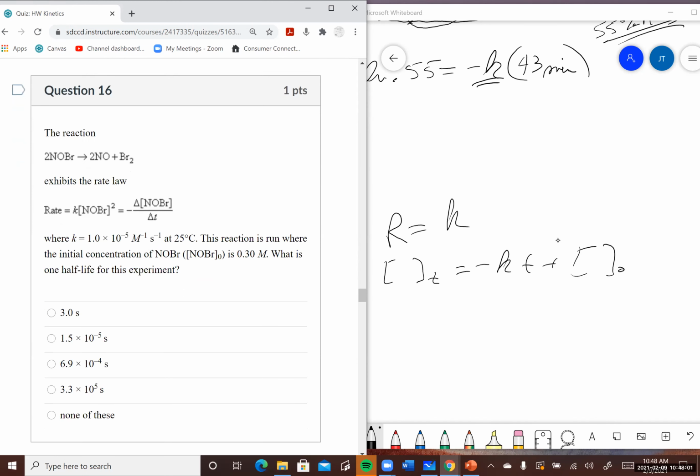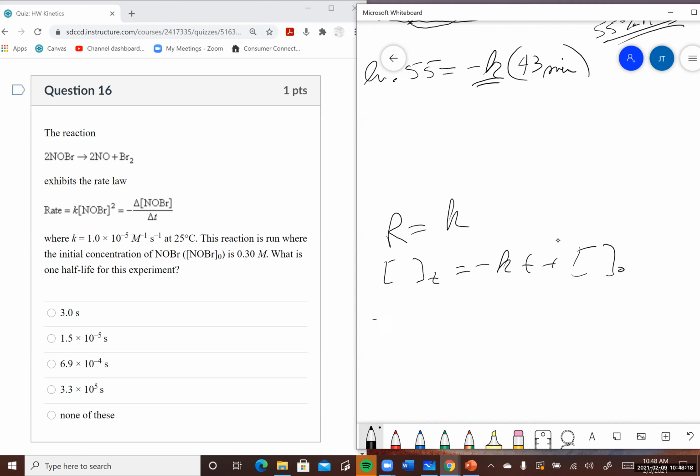Then here we have this reaction exhibits this rate law, so it looks like it's second order. They give you the k. This reaction is run where the initial concentration is that. What is the half-life for this experiment?